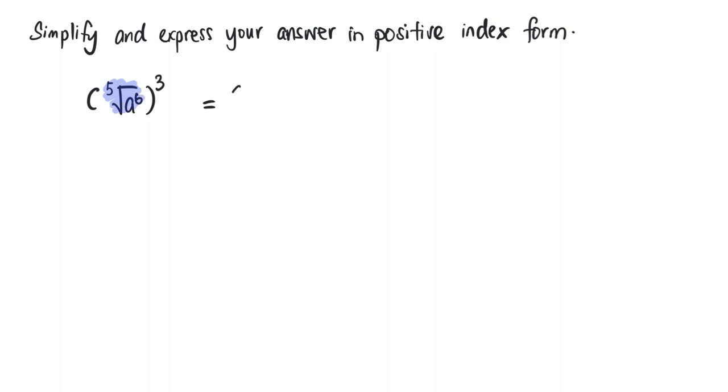So step 1, I would express this as the following: a to the power of 6 over 5, still to the power of 3, because this is using the law that in indices, given this form, it is actually equal to a to the power of m over n in this fractional index.